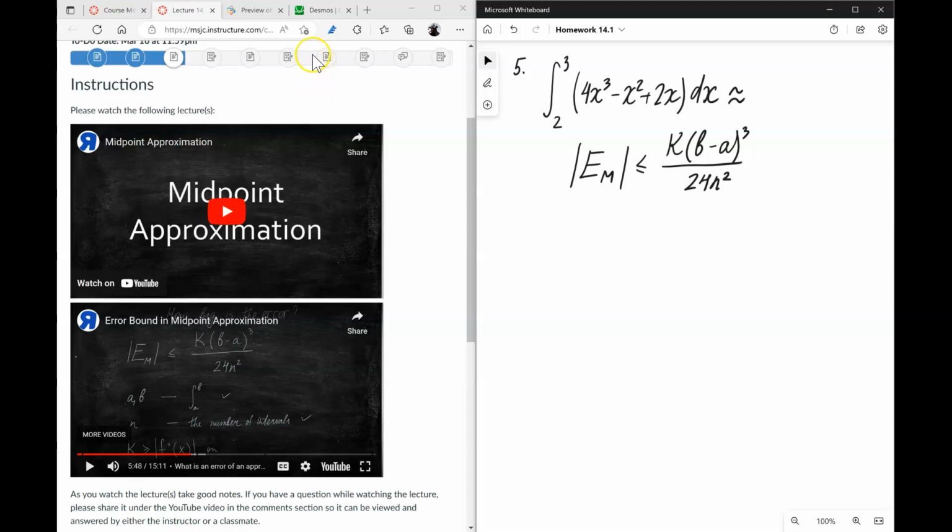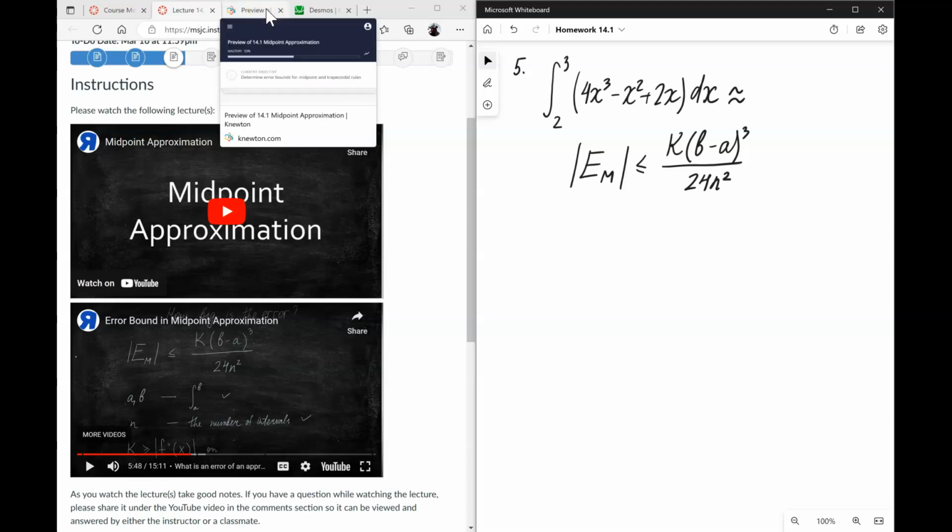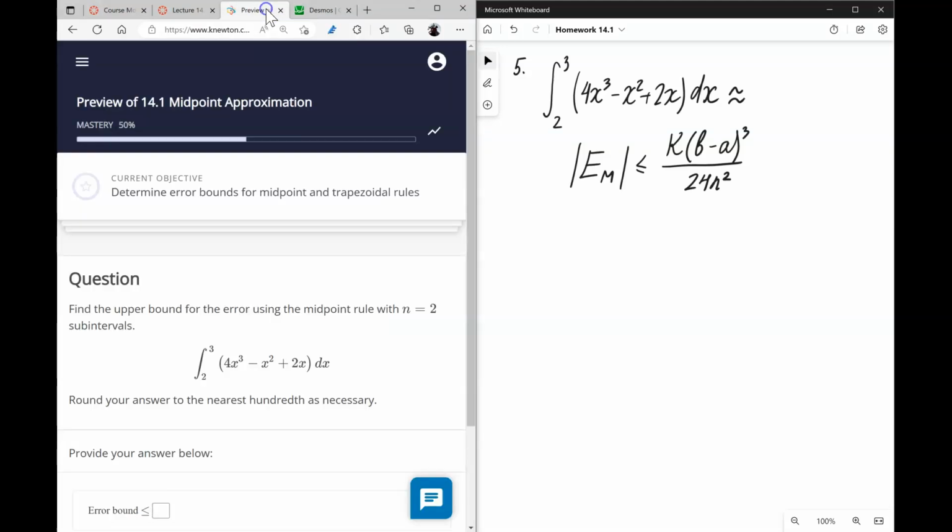And let's go back to the problem. We are using midpoint, so if we're approximating this with a midpoint on 2 intervals, then looking at the boundaries of the integral allows us to identify a and b.